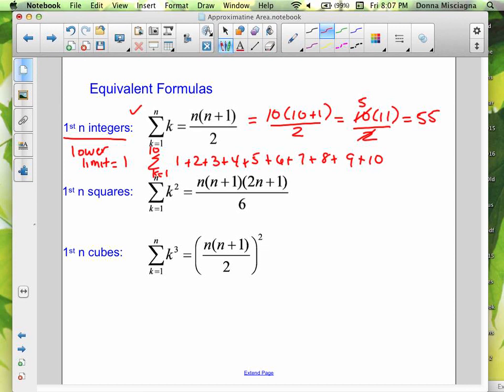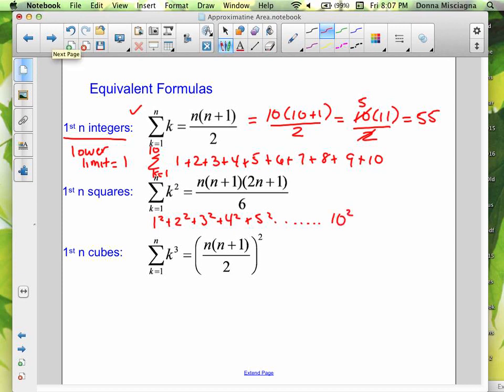All right, so if you didn't think that adding the first 10 values was too bad, maybe you wouldn't want to add the first 10 squares, right? So here we have a formula. So rather than adding 1 squared and 2 squared and 3 squared and having to square all these numbers and then add them, all the way to 10 squared.